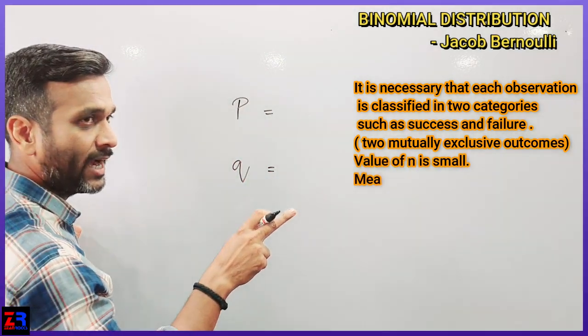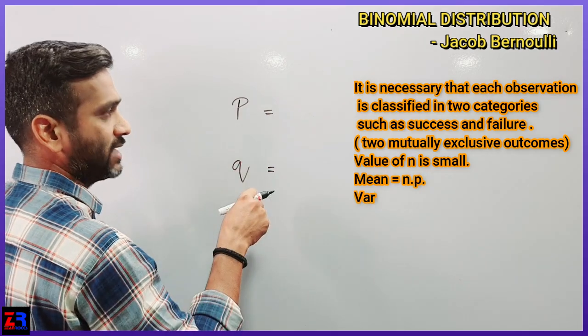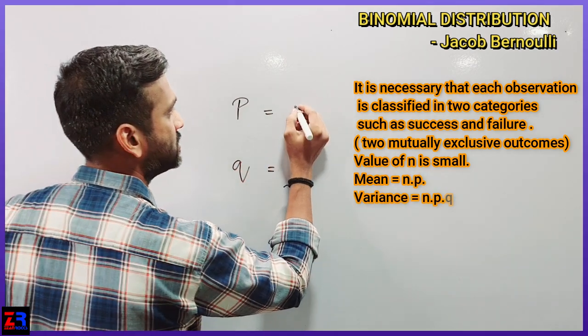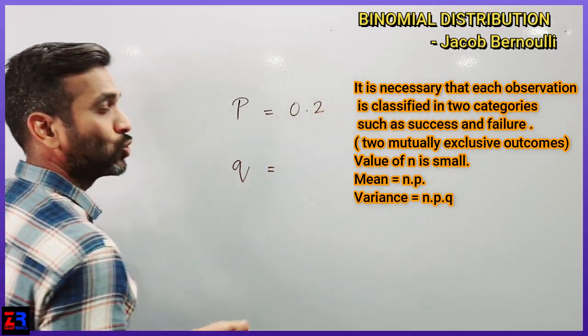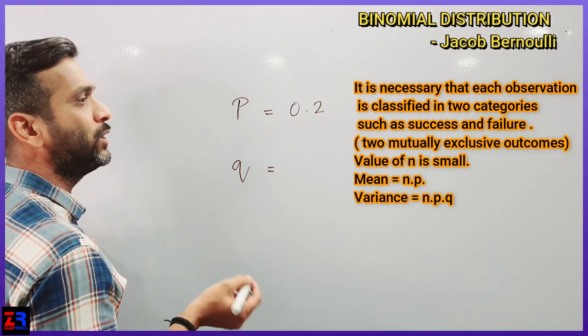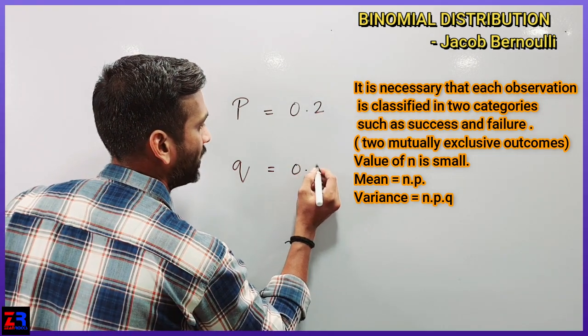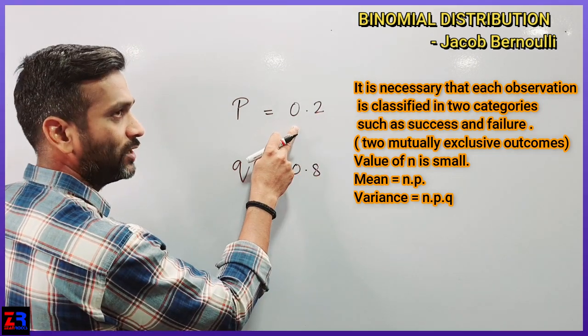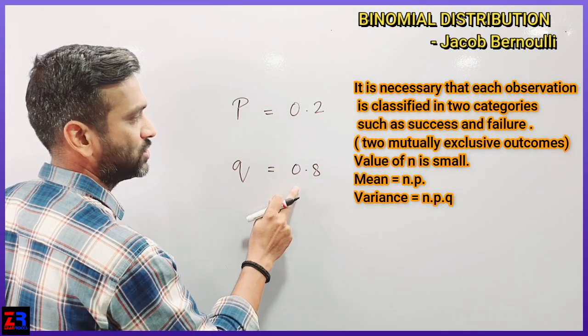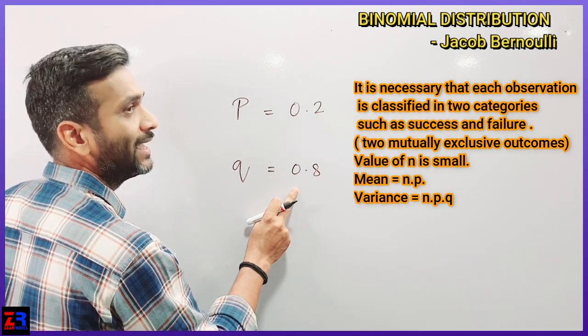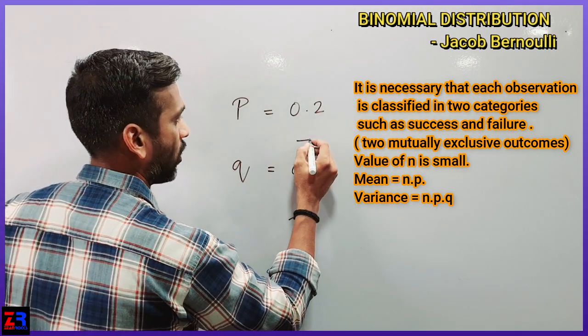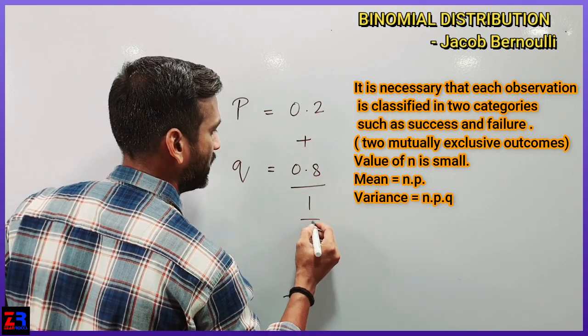If I say that the probability of success of an event is 0.2, so I can say that the probability of failure is 0.8. 0.2 is nothing but 20% and 0.8 is nothing but 80%. The total of the probabilities has to be 1.